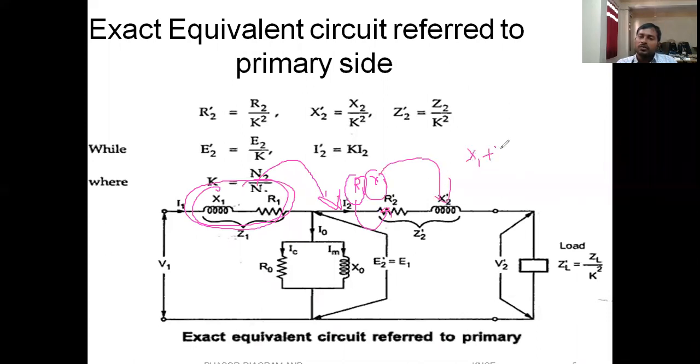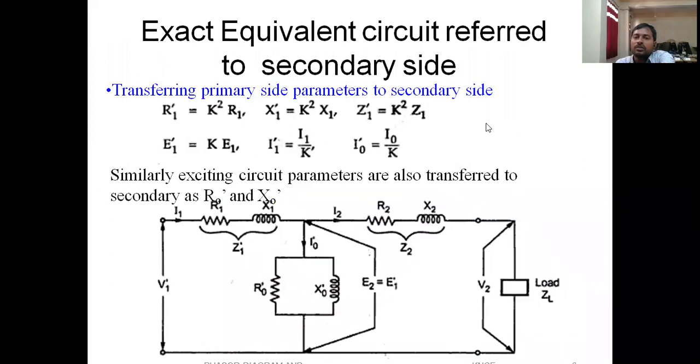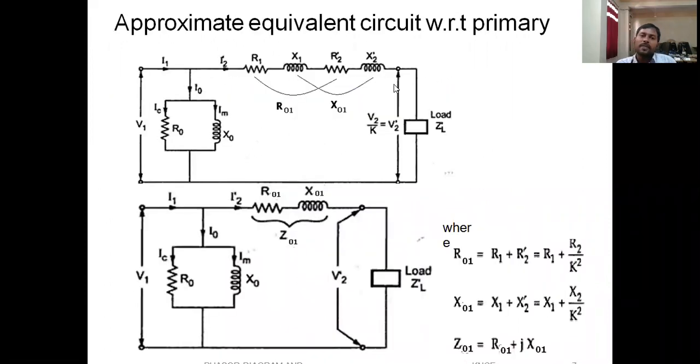So X1 plus X2 dash is equal to X01, and R1 plus R2 dash is equal to R01. You can add directly. To combine the total resistance and total reactance, you need to use this first approximation equivalent circuit. After combining R1 and R2 dash, that is written as R01, and X1 and X2 dash, that is written as X01.